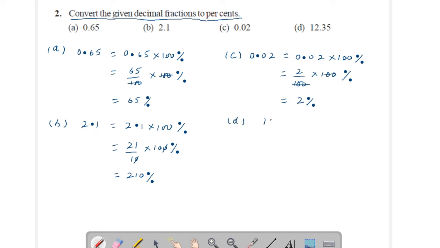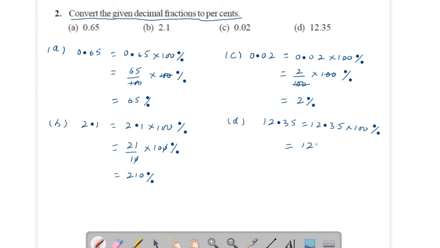Now come to D part. It is 12.35. This can be written as 12.35 into 100%. And this can be written as, here remove the decimal.